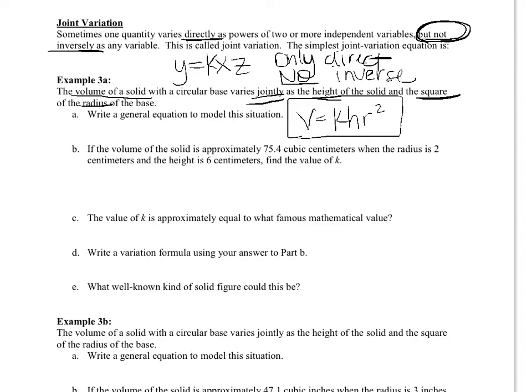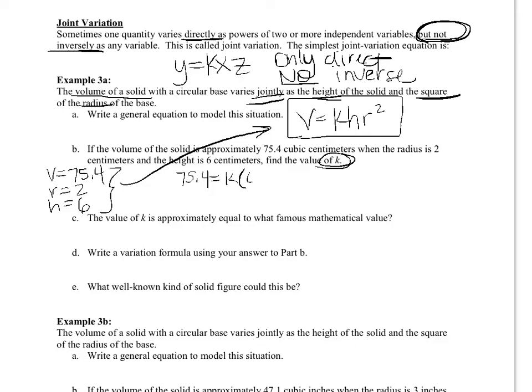If the volume of the solid is approximately 75.4 cubic centimeters, so volume equals 75.4, when the radius is 2 centimeters and the height is 6 centimeters, find k. So we're just going to plug all those values into that equation we wrote in part A. So volume, which is 75.4, equals k times height is 6, radius is 2 squared.